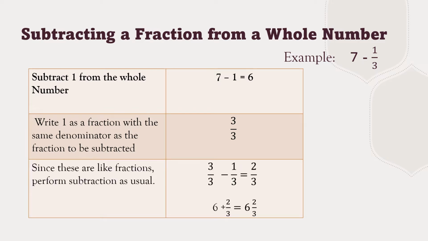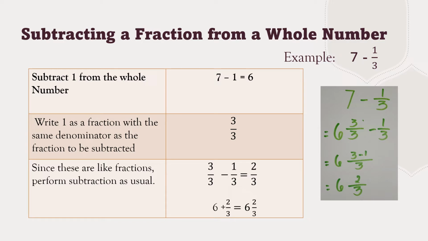Since 3/3 and 1/3 are now like fractions, we can proceed with subtraction. So 3/3 minus 1/3 is equal to 2/3. Now let's add the remaining whole number, the 6. So 6 plus 2/3 is equal to 6 and 2/3. So the final answer is 6 and 2/3.